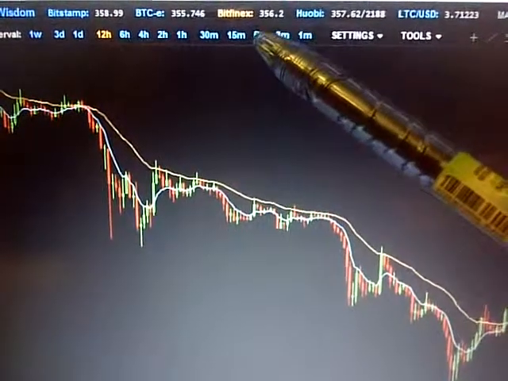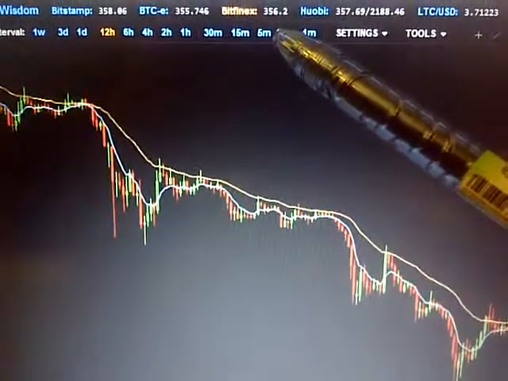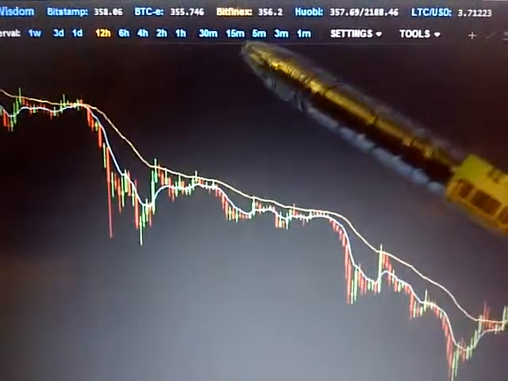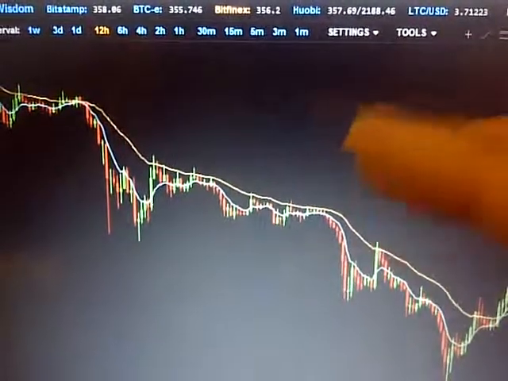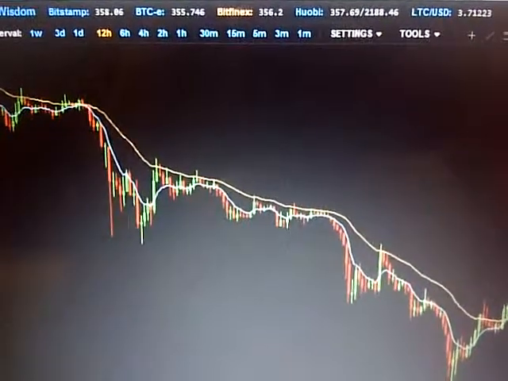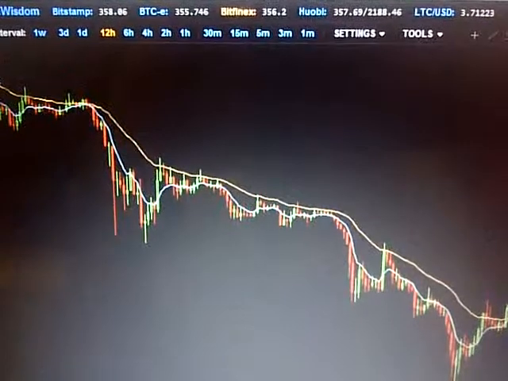And if you timed it right, you could have moved your coins around to the different exchanges and performed, quote unquote, arbitrage. But I mentioned many times that's difficult.